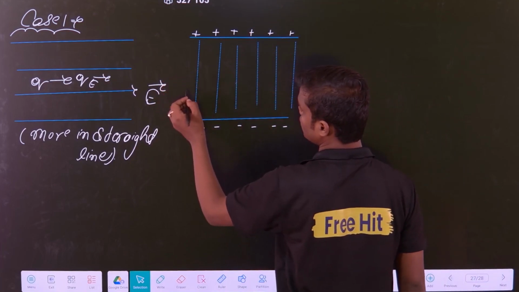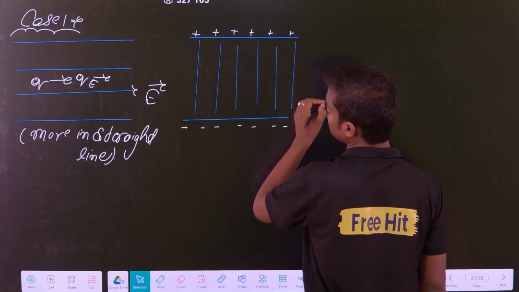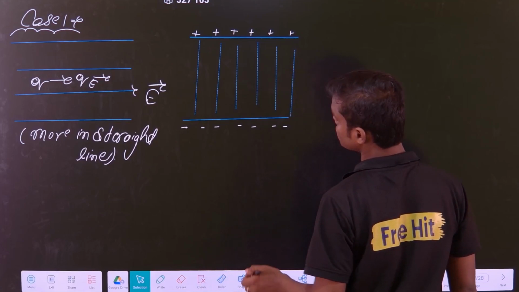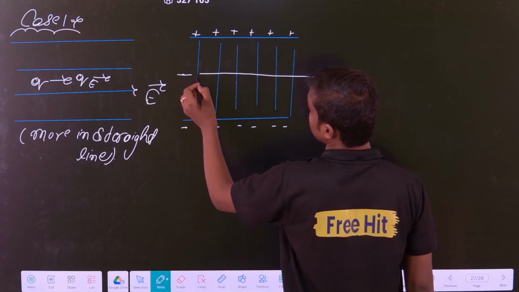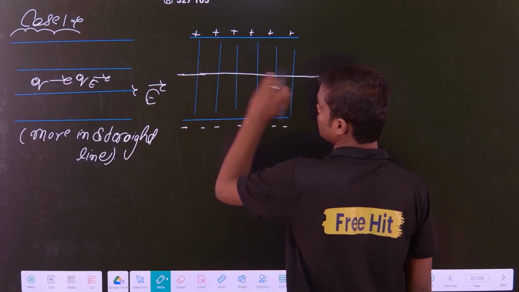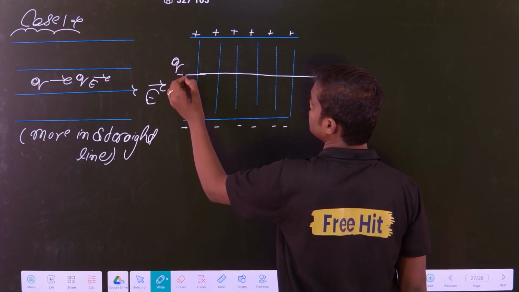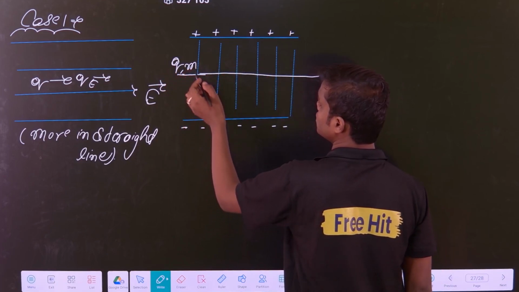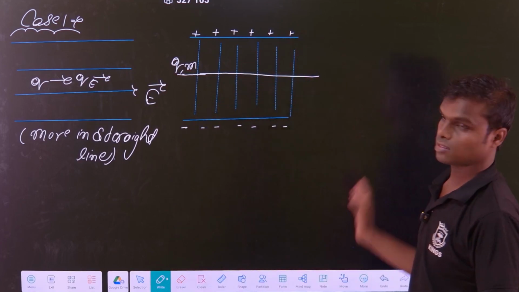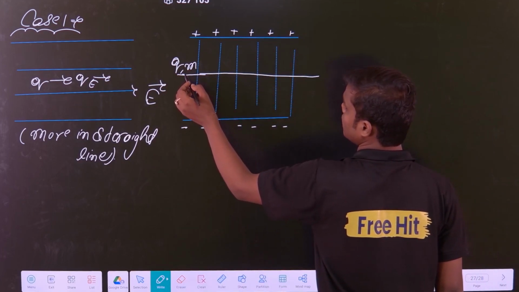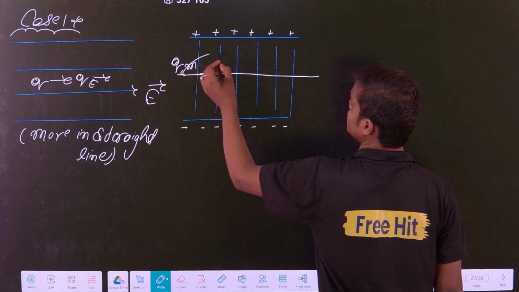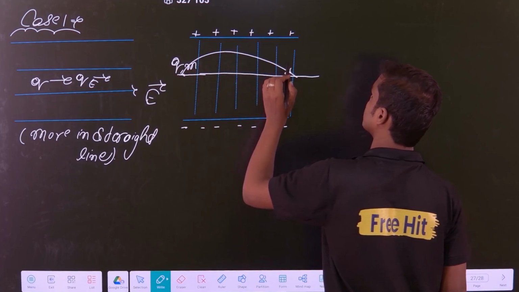Now suppose this is my origin. I take one charged particle Q having a mass m, I throw it, then what will be my path? If I throw it here, the path will be like this only, correct or not?